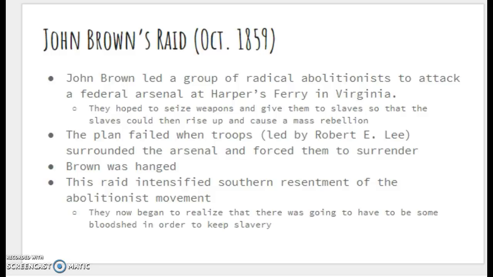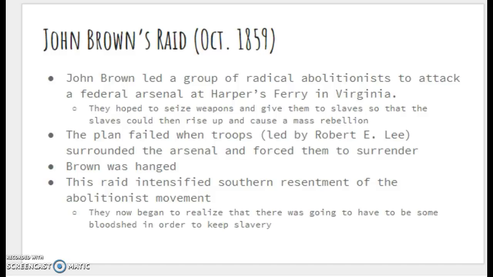So these people felt very strongly about getting rid of slavery. So he led this group of people to attack a federal arsenal, and an arsenal is a place where weapons and ammo are stored, at Harper's Ferry in Virginia, right? So he led this attack on this place that housed a lot of weapons in Virginia.